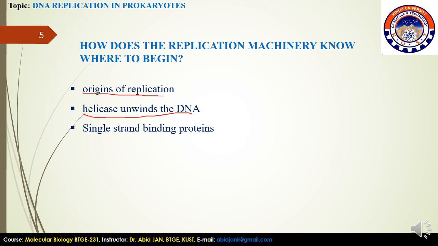Two replication forks are formed at the origin of replication, and these get extended bidirectionally as replication proceeds. Single-strand binding proteins coat the single strands of DNA near the replication fork to prevent the single-stranded DNA from winding back into a double helix.